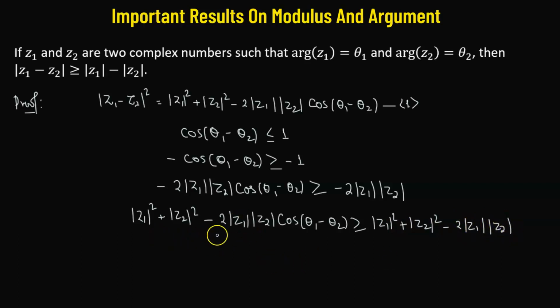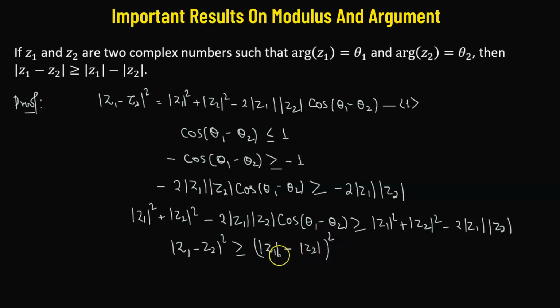Fine. So from equation number 1, the expression on the left hand side can be expressed as absolute value of z1 minus z2 whole squared. This will be greater than or equal to, and the expression on the right side will be absolute value of z1 minus absolute value of z2 whole squared.